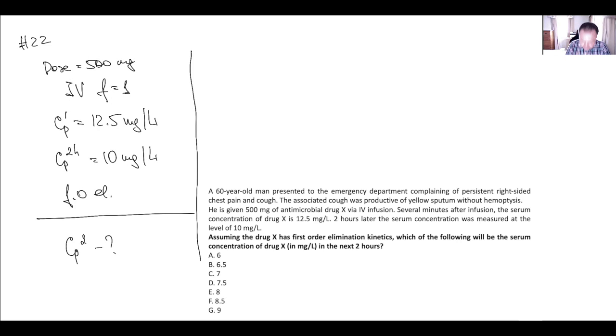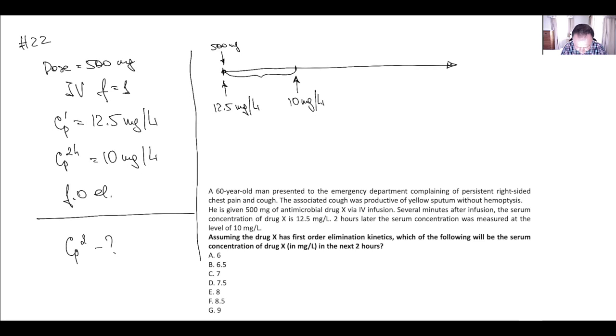Let's do a timeline. We have an initial dose of 500 milligrams here. After that, we have immediate plasma concentration at this time, 12.5 milligrams per liter, and after 2 hours, 10 milligrams per liter. The question is asking what will be the plasma concentration after 2 more hours.